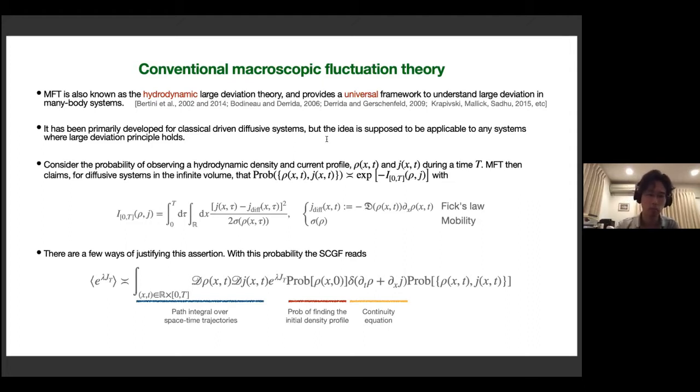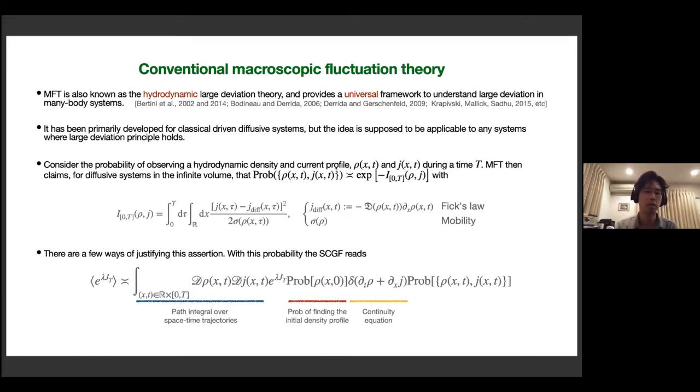It has been developed mainly for diffusive systems, but the idea is universal, as I explain now. So what does it say? So let's consider the probability of observing some hydrodynamic density and current profile like this during a time t, hydrodynamically large time t.